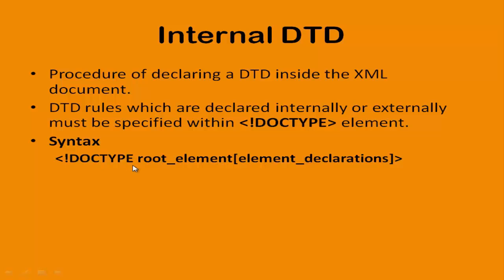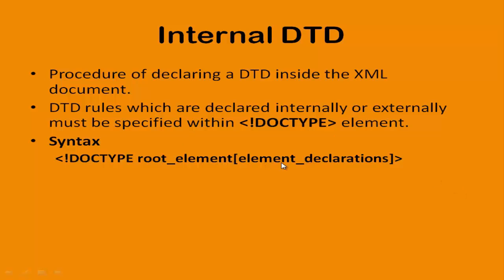After that, provide a space and a root element. The root element can be anything, for example a student or an employee. As I said, XML is used to create our own tags. Anyhow, I'll be showing you some examples so that you can gain a better understanding.